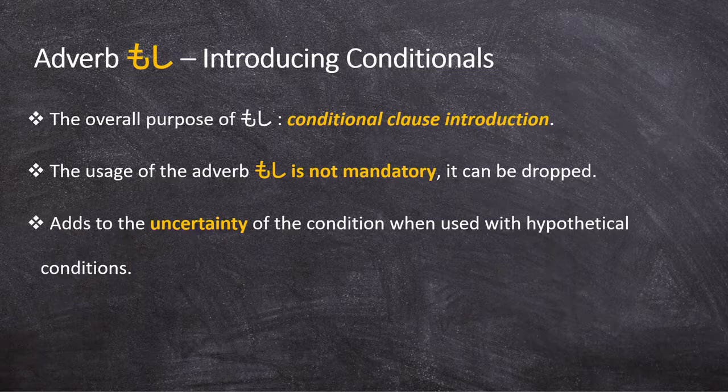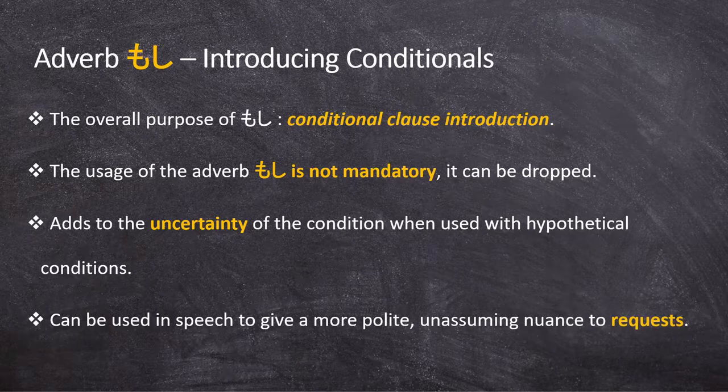And that is especially useful when you want to convey a certain hypothetical condition, or when you are talking about a situation that is unreal. And finally, you can attach moshi in your sentences that are requests in order to give them a more polite and unassuming nuance, or simply because you don't want to be presumptuous about the intent of the listener.